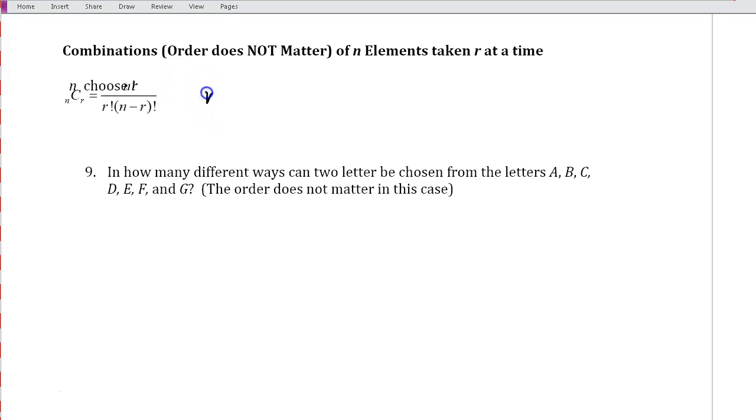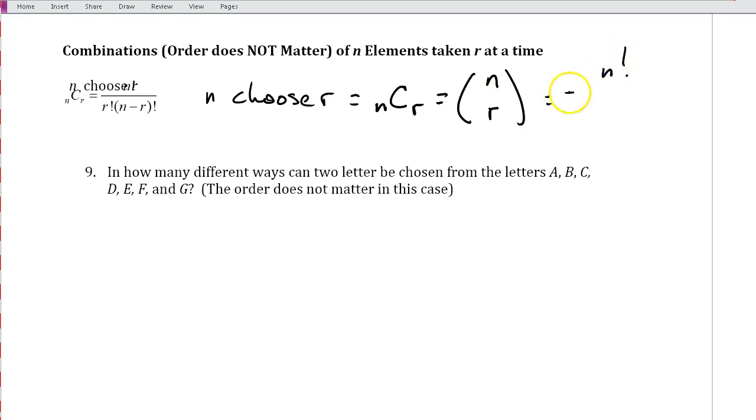But this should say n choose r, and we can write it in different notations, and it's equal to n factorial over r factorial times n minus r factorial. So this is when order does not matter. It doesn't matter the order that we pick the things, it just matters that we pick them.